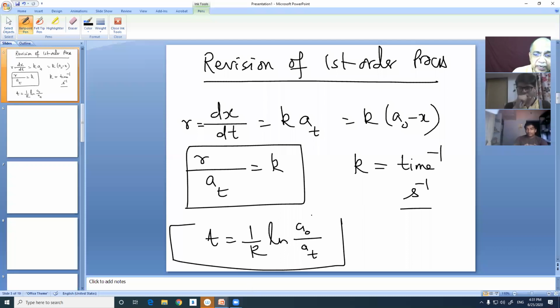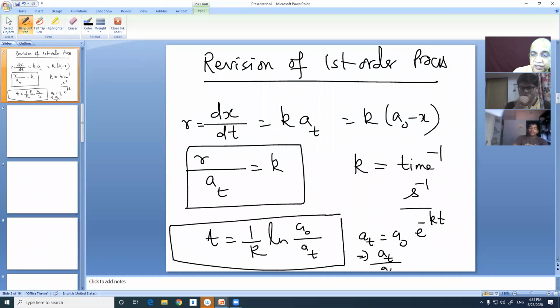And the best way to solve many problems is exponential. I told you, at by a0 is e to the power minus kt, and this is the fraction of the reactant remaining at time t.